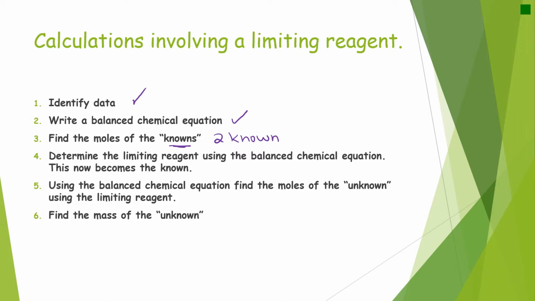Now we have to determine the limiting reagent, and we do this by using a balanced chemical equation. Once we've done that, the limiting reagent becomes the known, and we use this known from now on. We can then use the balanced chemical equation to find the moles of the unknown, and then we can find the mass of the unknown.